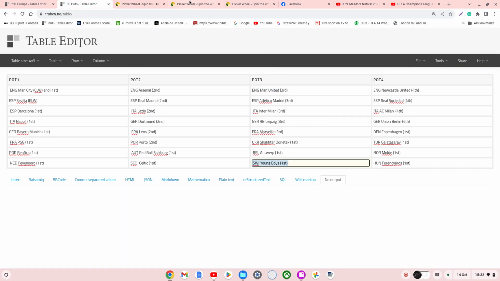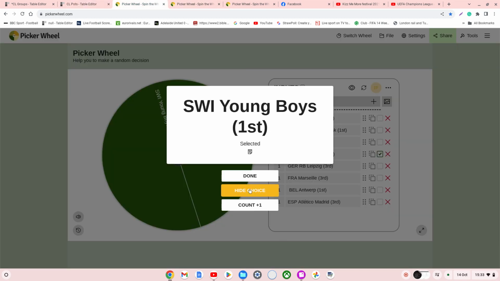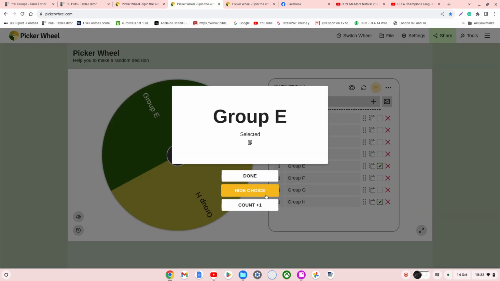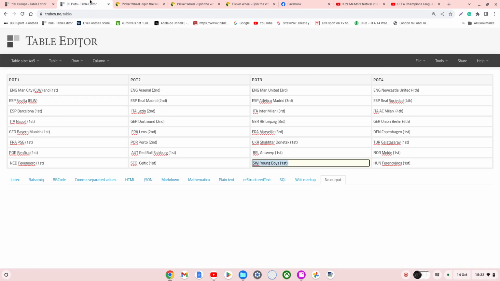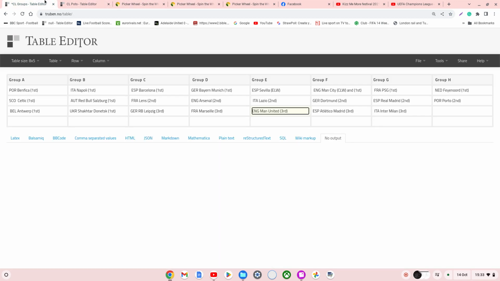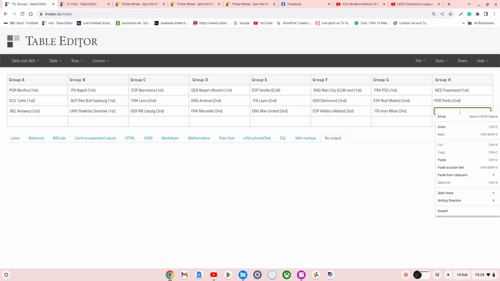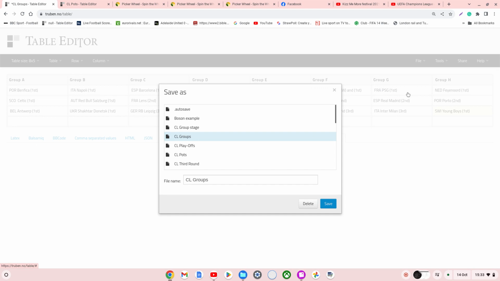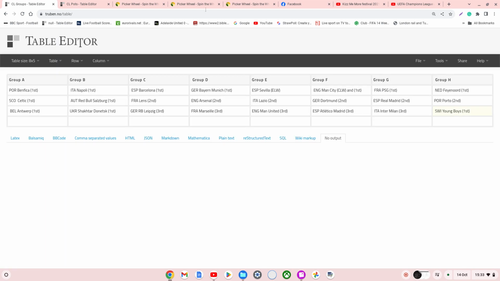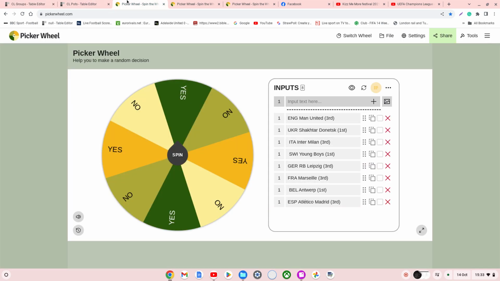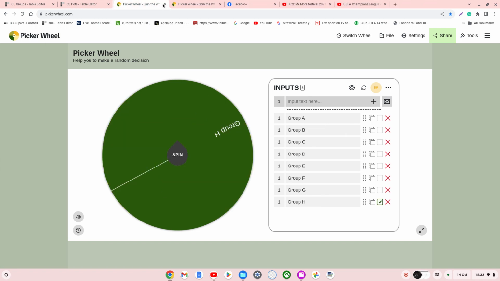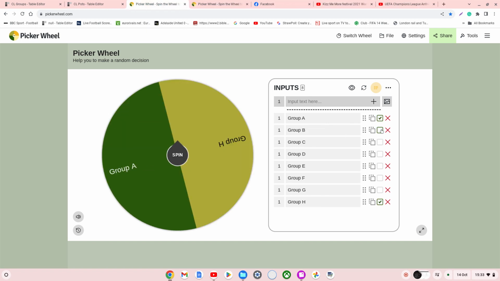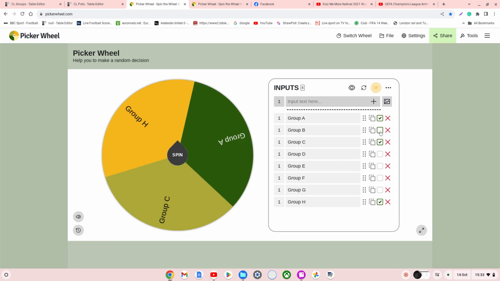And they will be in Group H. Young Boys, and they will be facing Porto and Feyenoord from the Netherlands. All right, let's add this up again.